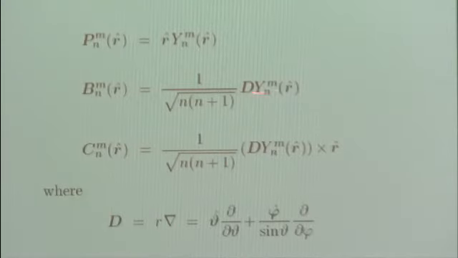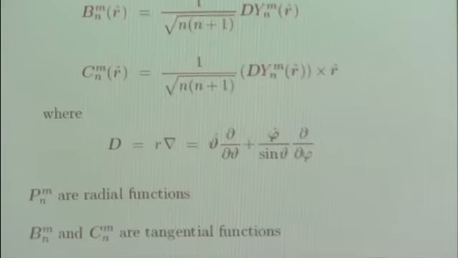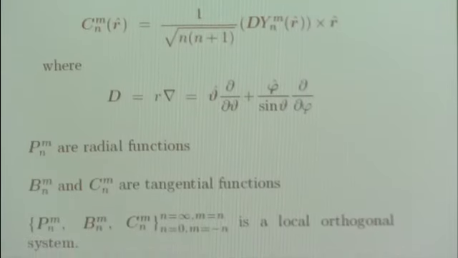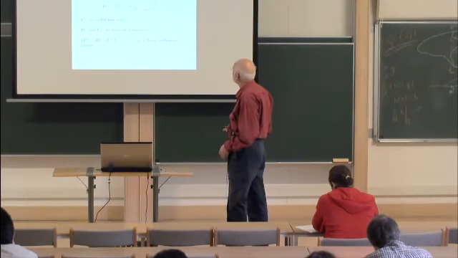So this is the surface gradient, which is perpendicular to this. And this also is perpendicular to both because of the exterior product. And basically, these three functions are orthogonal. They form a local orthogonal system on the surface, and you can use that to identify coefficients.